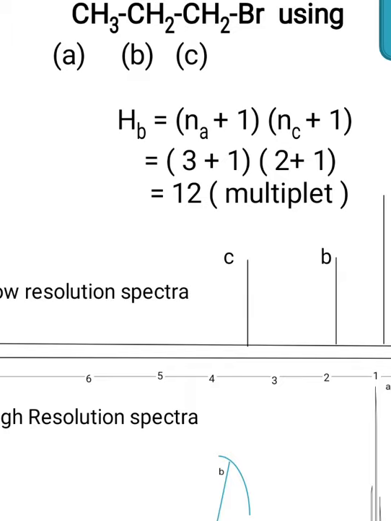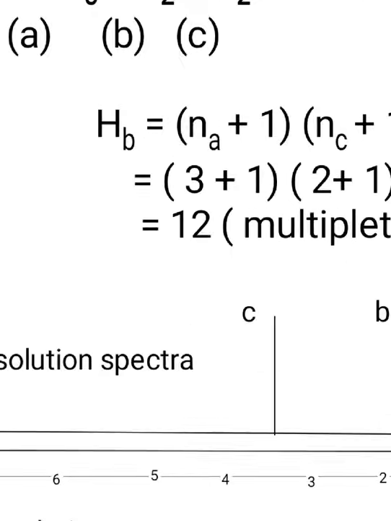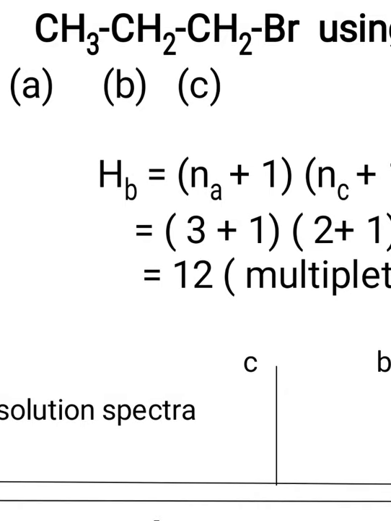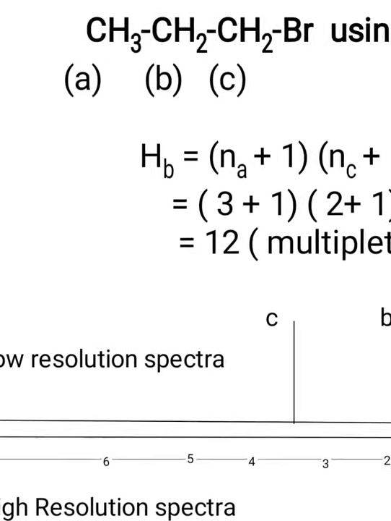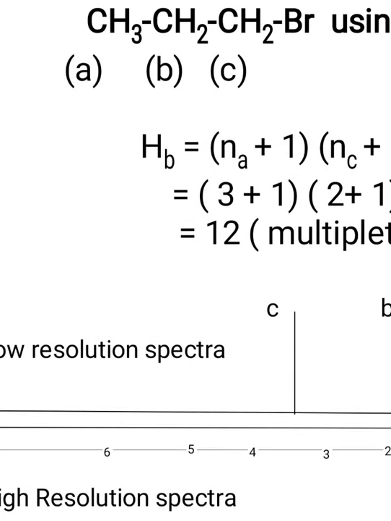And the main difference is, for the C set of CH2, only one type of neighboring non-equivalent set is present, so we can apply the n+1 rule here. But the B set of CH2 is in between two different non-equivalent neighboring sets of protons, so here we are going to apply the (Na+1)(Nc+1) second rule.